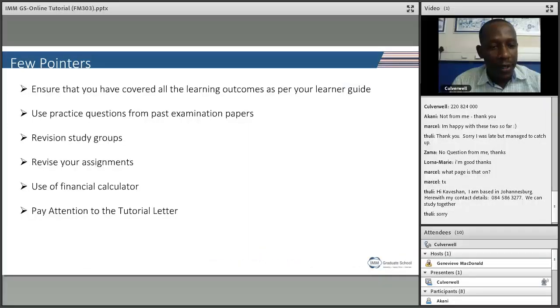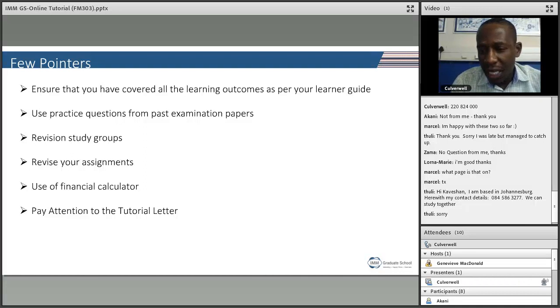I started by saying, ensure that you've covered all the learning outcomes as per your learner guide. Use practice questions from your e-learn. Revision study groups. I can see people have been engaging, those that are living in Johannesburg, together with their contact details there. Get yourself into revision study groups.